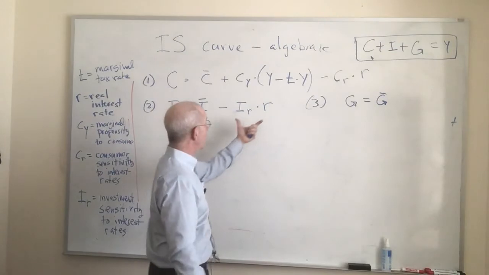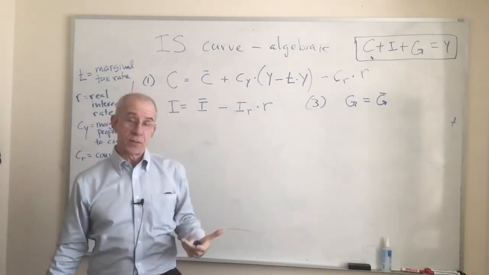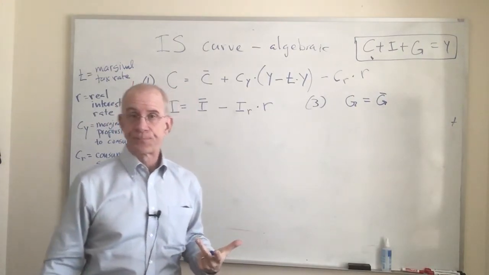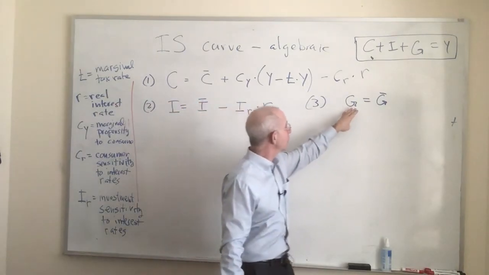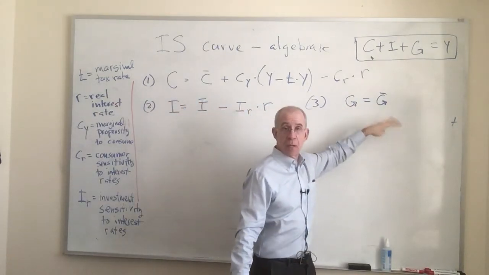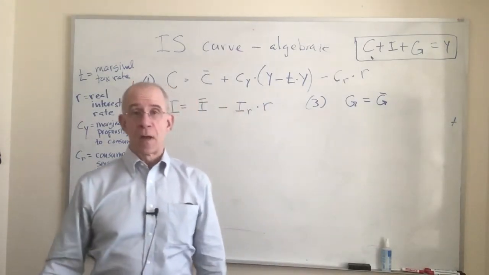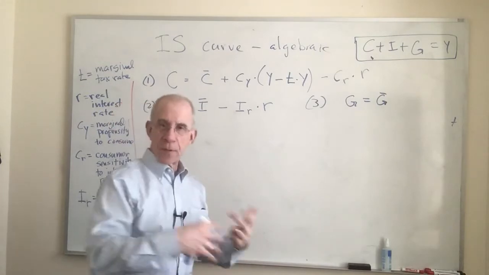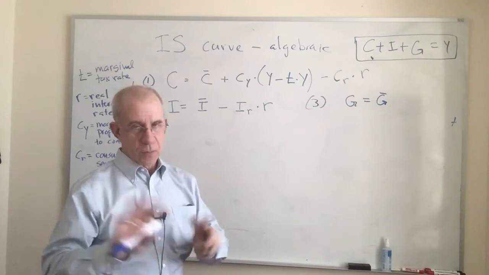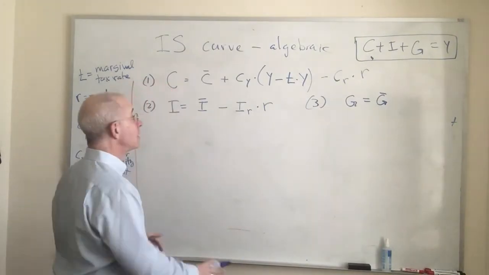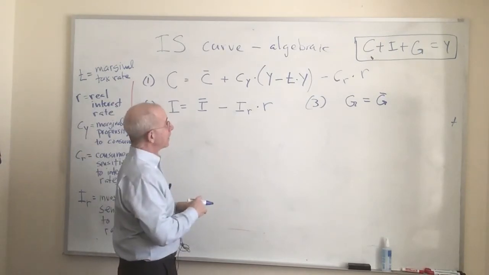In fact, the investment here would also include consumer purchases of new housing and factories. And then we're just going to have government spending equal to some amount that's determined strictly by the government. So we're not going to look at, for example, government spending as it relates to interest rates and so forth. We're going to set that aside. Okay, so this looks complicated, but if you look at each component, it's fairly intuitive.